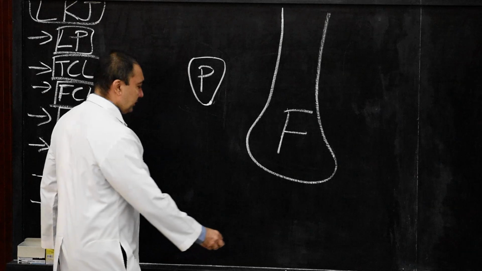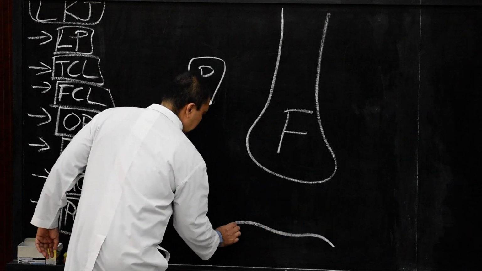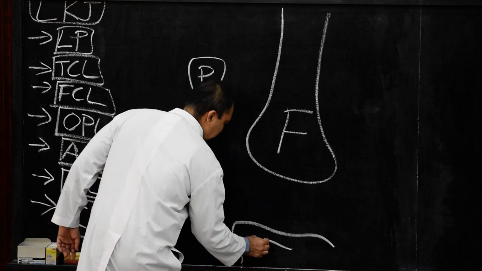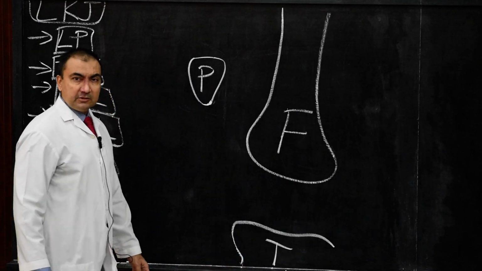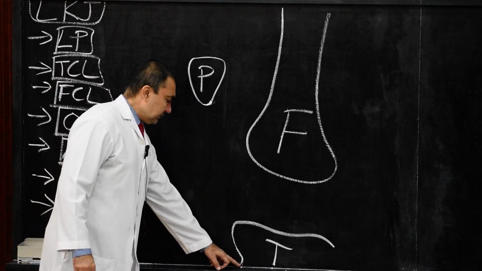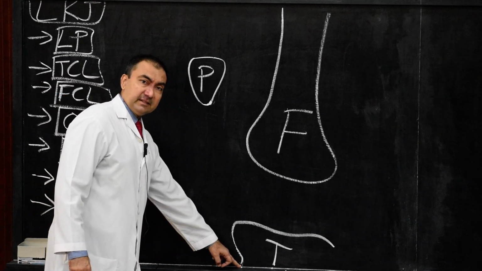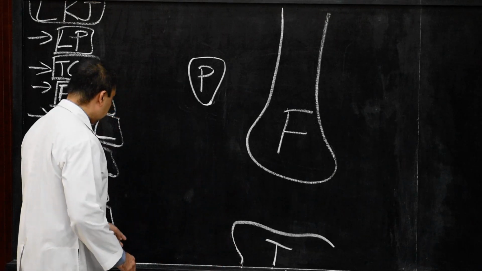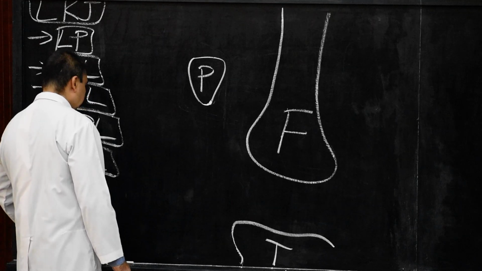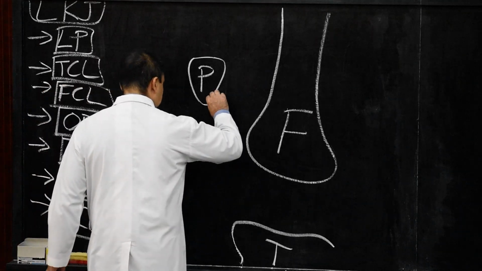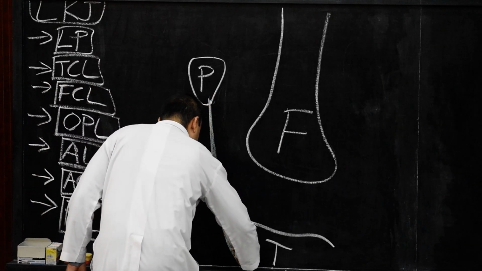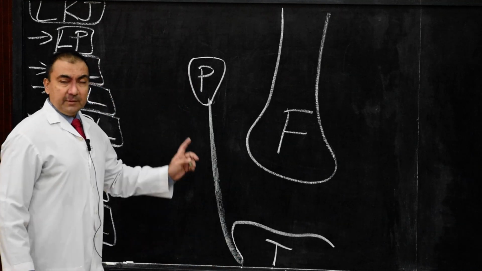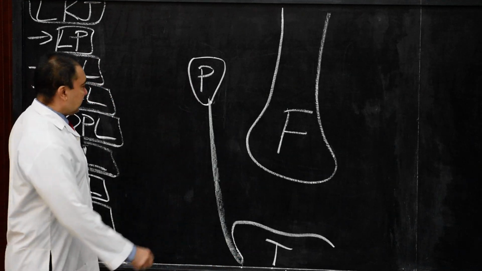Over here we are going to draw the section of the tibia. On the tibial tubercle, where my finger is, there will be the lowermost attachment of the ligamentum patelli. We simply draw the ligamentum patelli this way, from the apex of the patella to the tubercle of the tibia.